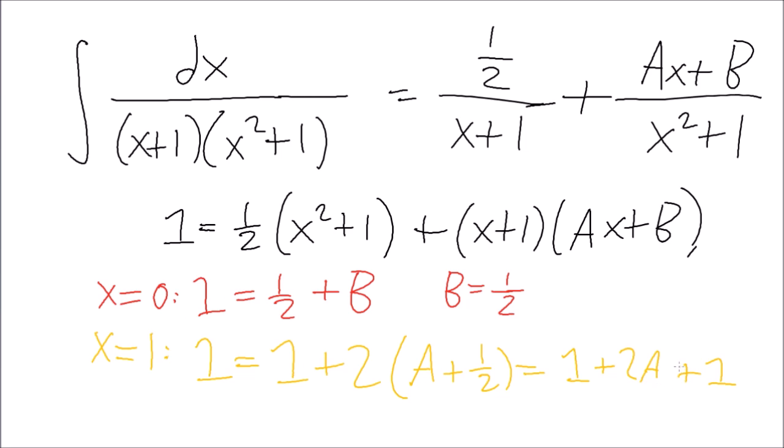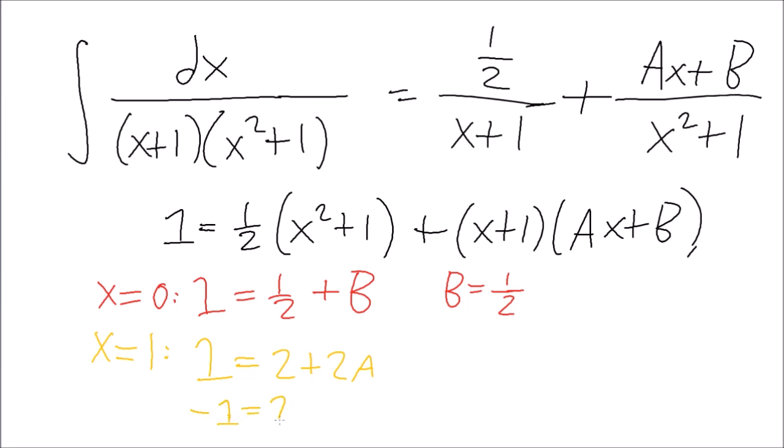Cool, so no fractions. So pretty much what we have is 1 plus 2a. Well, it's technically 2 plus 2a, right? And then we have negative 1 here equal to 2a. Oh, okay, so a is equal to negative 1/2.